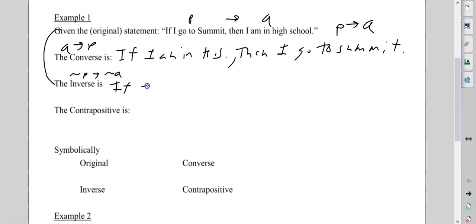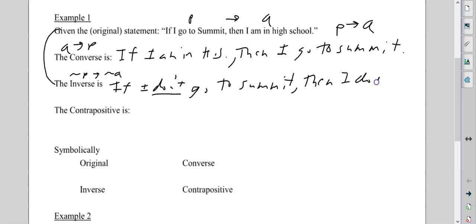So it's if I don't go to Summit, then I don't go to high school.